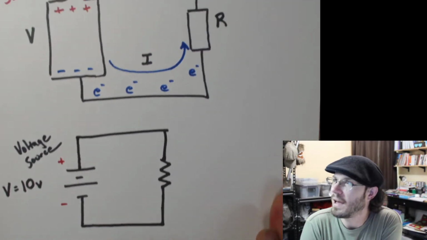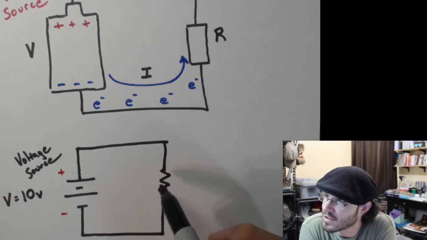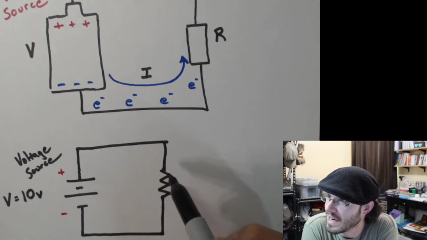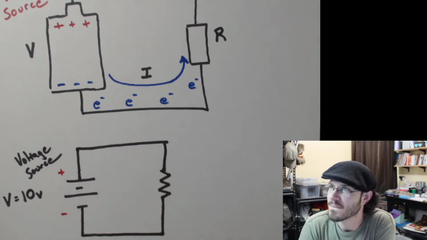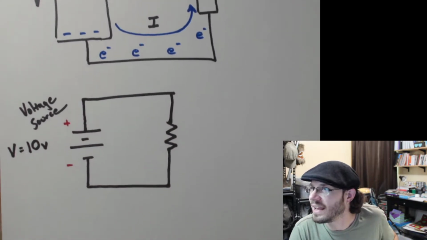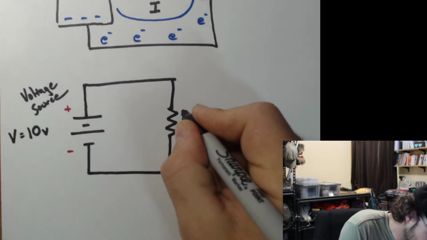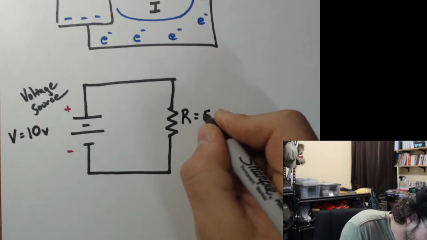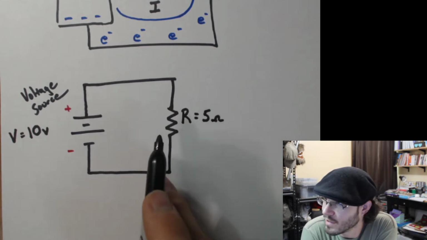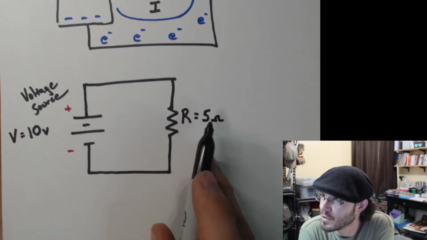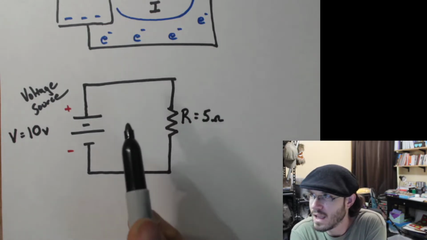If you think about it, the symbol for resistance looks like the electrons are going to have a hard time navigating around these sharp corners, hence why it's getting used that way. Let's give this a value. R of this resistance is equal to 5 ohms.